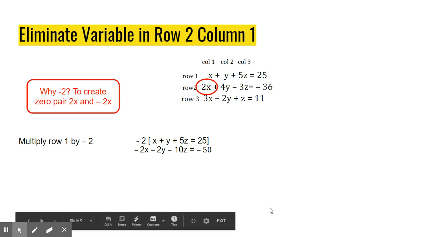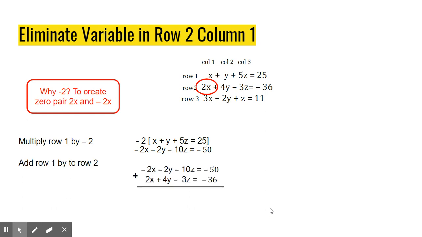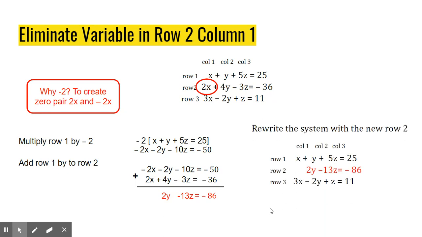I am going to add that equation to row 2. And when I do, I get rid of that 2x. It cancels out with the -2x. And I end up with 2y minus 13z is equal to -86.